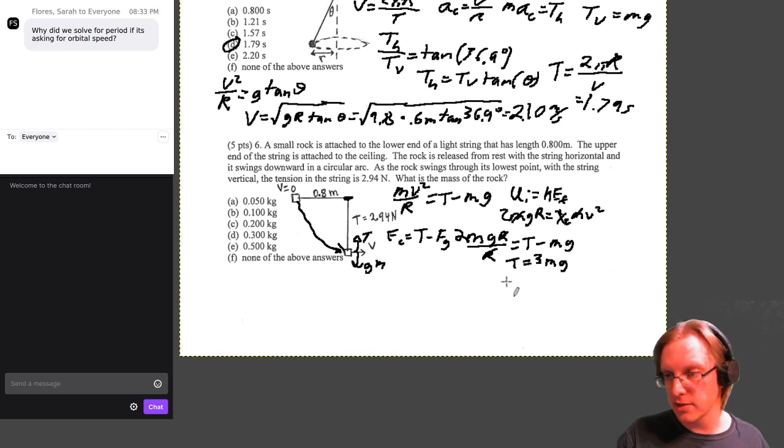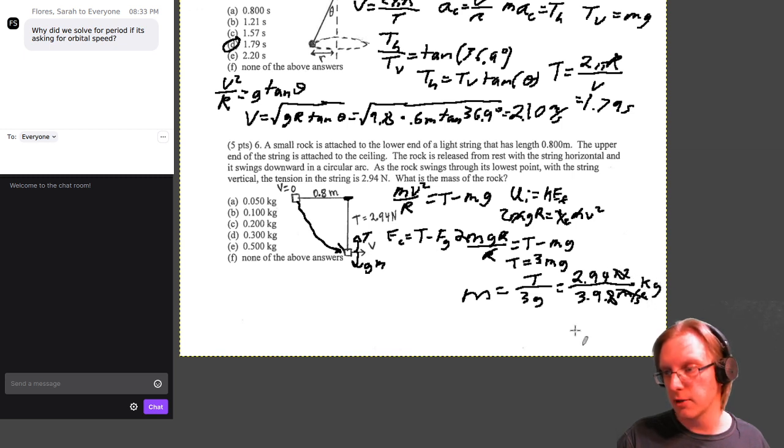We need the mass of this thing, so the mass is equal to tension divided by 3g. Tension is 2.94 newtons divided by 3 times 9.8 meters per second squared. Meter per second squared would cancel the newton to make a kilogram. Very good.